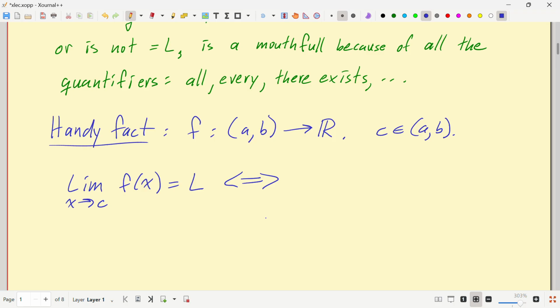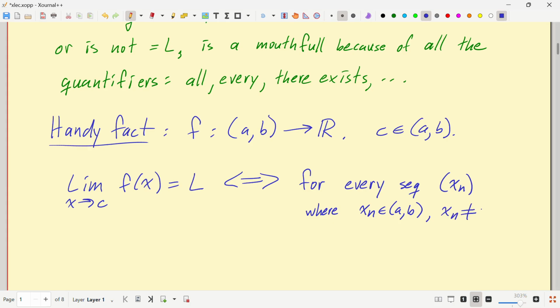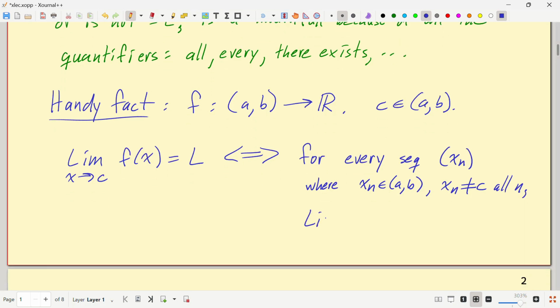So let me see if I'll say it properly. For every sequence xn, where, of course, the xn's are in AB where this thing is defined, and all the xn's are different from C, the limit as n goes to infinity of f of xn is L. Okay?